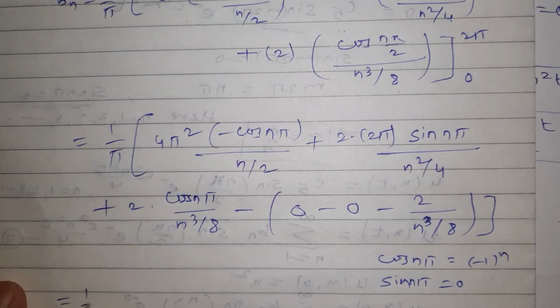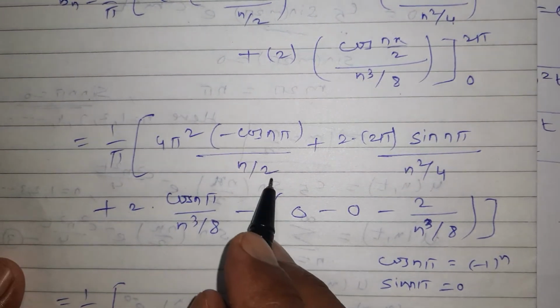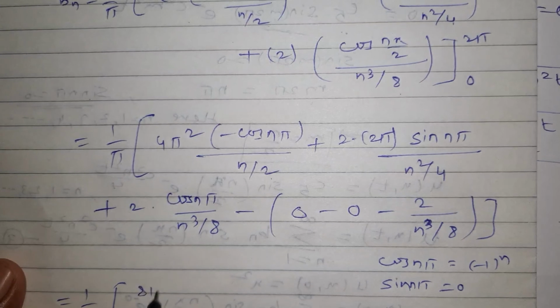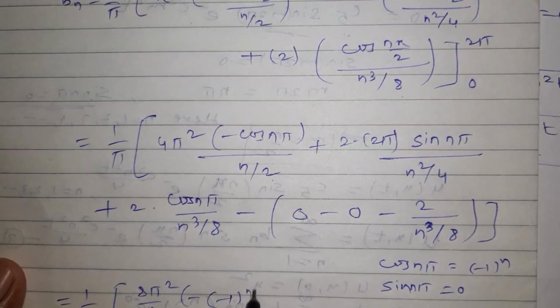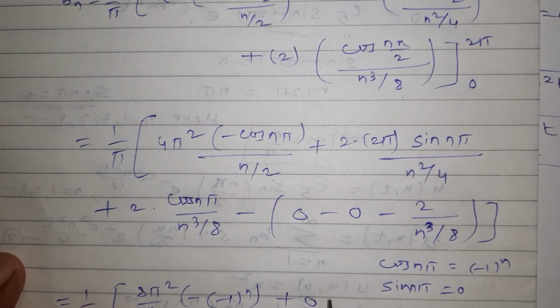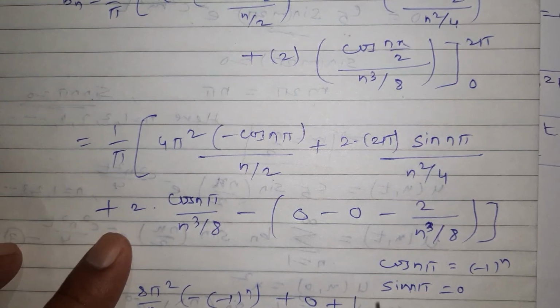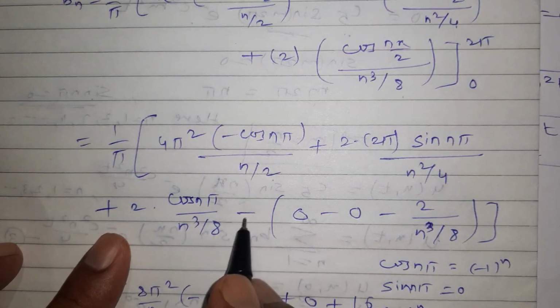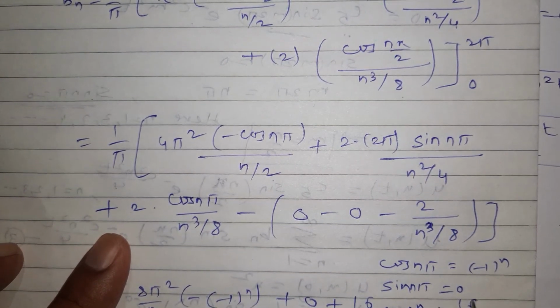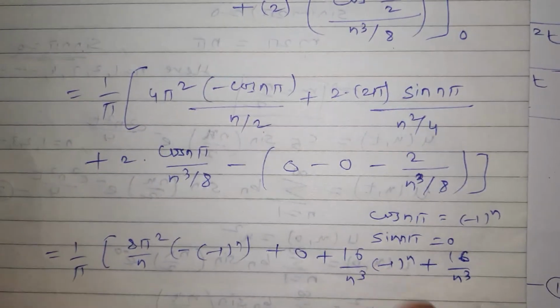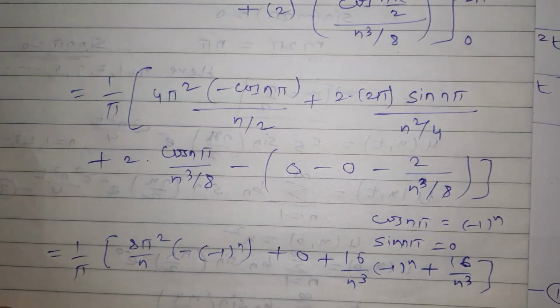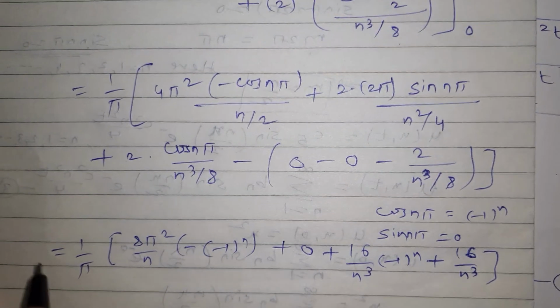So our answer is 1 upon pi, take this 2 to the numerator, I get 8 pi square upon n into minus 1 raised to n plus 0 plus 16 upon n cube into minus 1 raised to n, cos n pi, minus minus plus 16 upon n cube, 8 into 2. Correct? So this is our final answer. You may multiply this pi inside, no problem. Okay, and this is the value of Bn.